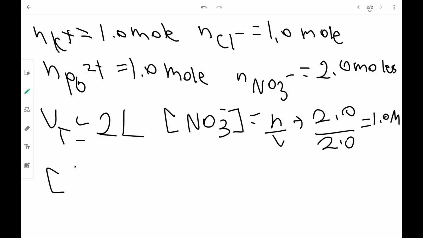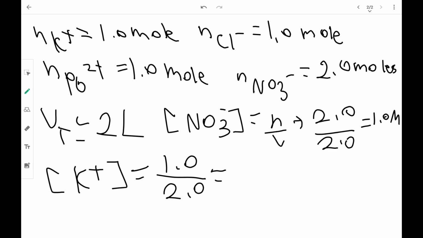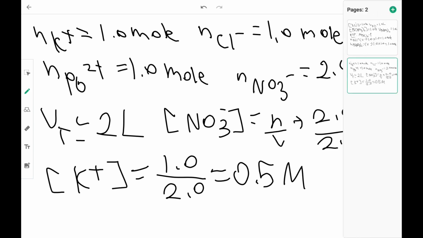And now for the concentration of K⁺, which is 1.0 moles over 2.0 liters, which will give us 0.5 molar. Now, let's work on finding the limiting reagent. Let's write down the equation.